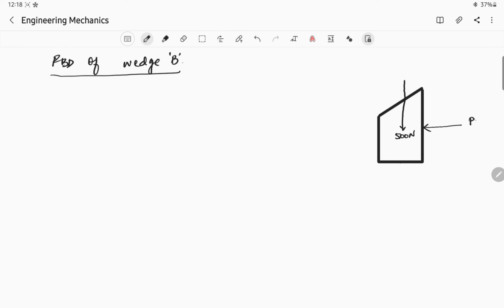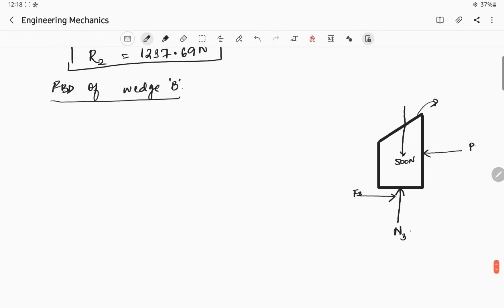Here we'll have another reaction, that is N3. Since the block is moving to the left, the frictional force will act in the right direction. This is F3. At this surface we'll have another block, so the weight of the block will also act, and at the same time frictional force will also act here.